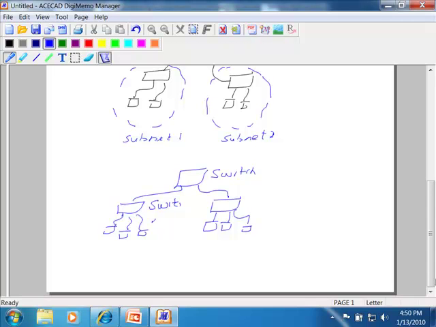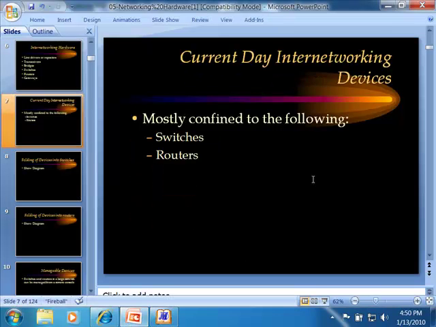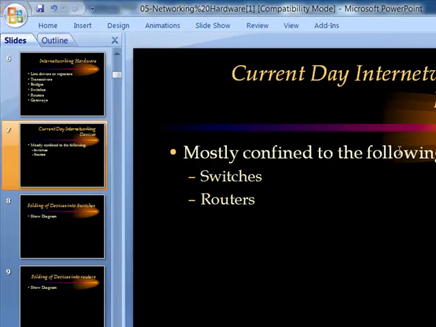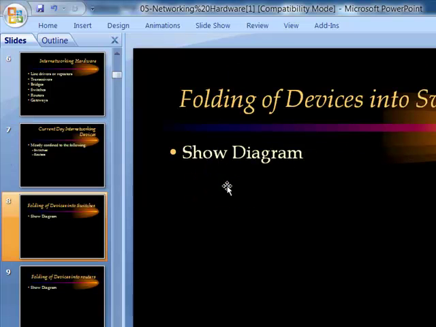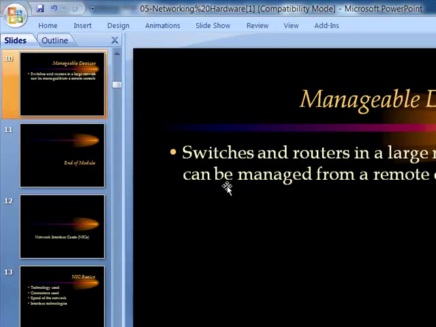So network 1 and network 2 are similar, keep in mind. Now, current day internetworking devices are mostly confined to switches and routers. In the past we had things like bridges, gateways and all kinds of stuff. Today these are the two things. I will give you an example later on.